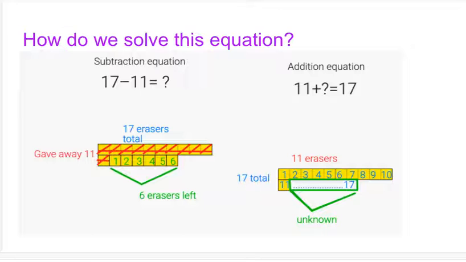Count them with me. 1, 2, 3, 4, 5, 6. How many erasers does Mr. Lai have left? 6 erasers left. So 17 minus 11 equals 6. That's right.